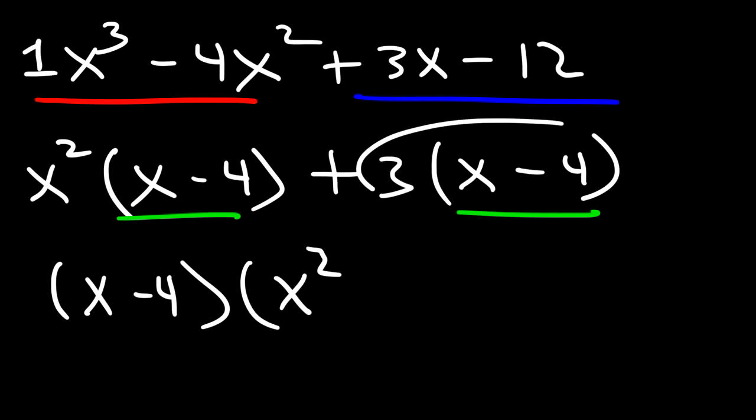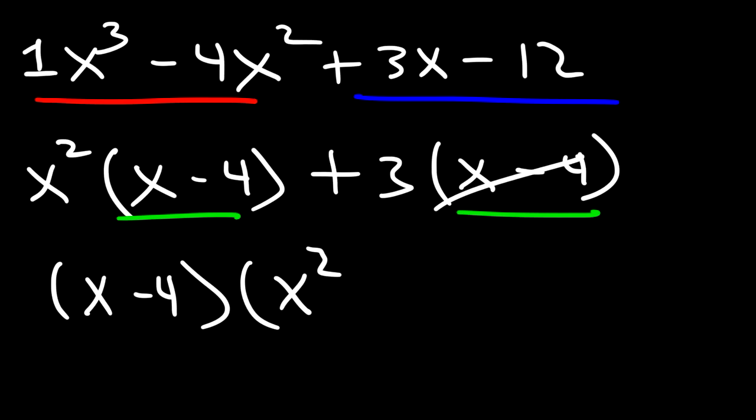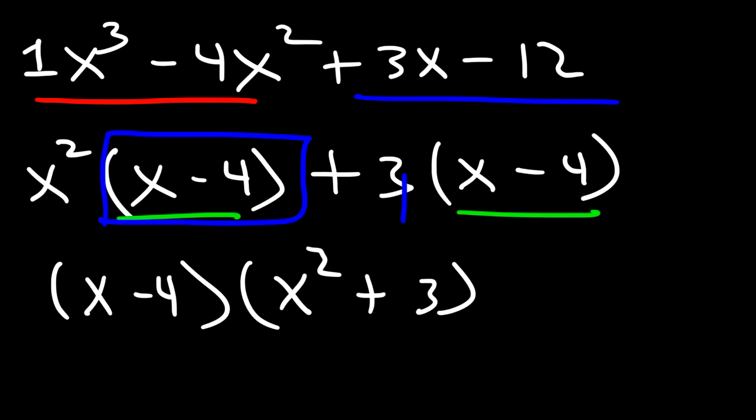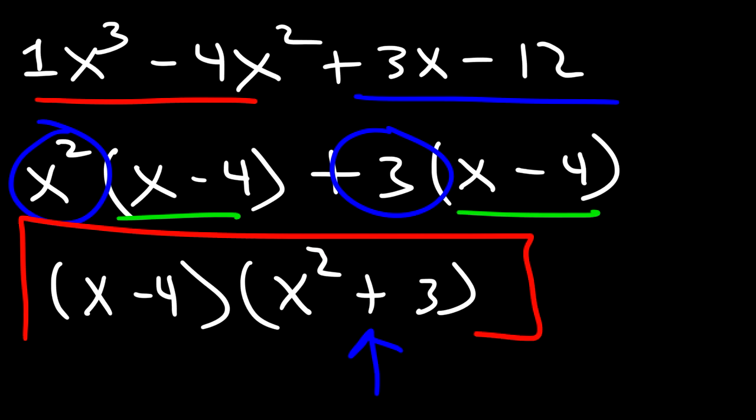And if you take this term divided by x minus 4, these will cancel, giving you 3. So basically, what you need to do is take what you see here, write it once, and then what you see on the outside, the x squared and the plus 3, put it in the second parentheses, and that will give you the answer. And so that's how you could factor by grouping.